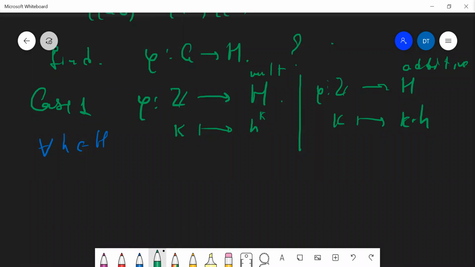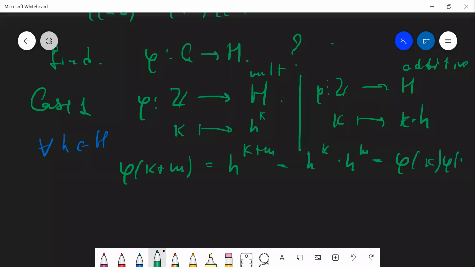Now, I want to say that this map is always a homomorphism. Indeed, when you take phi of k plus m, this is exactly the same as h to the k plus m, and this is exactly h to the k times h to the m, and this is phi of k times phi of m.